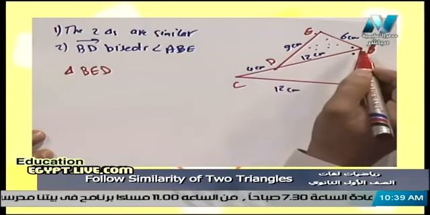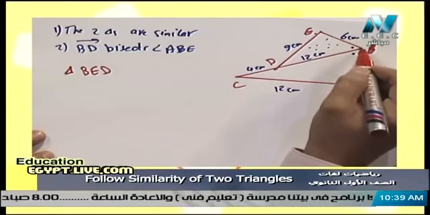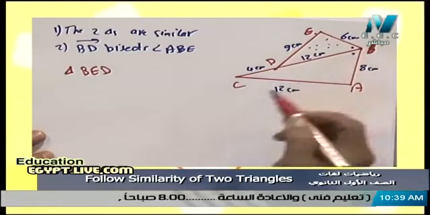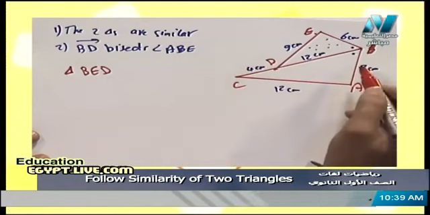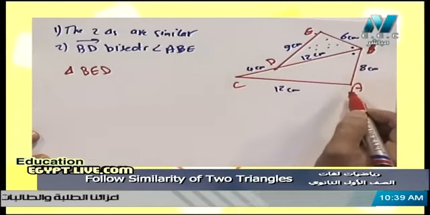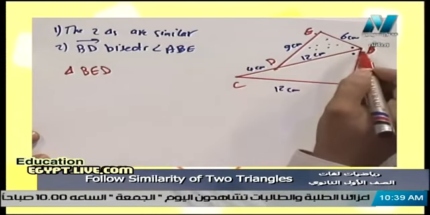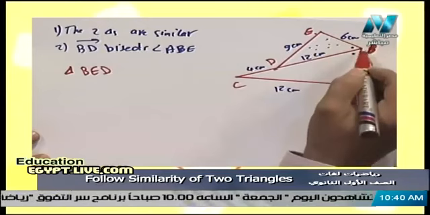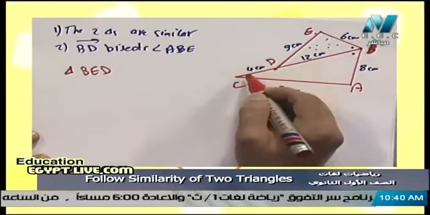So we can write the name of the triangle by going from the smallest to the biggest side length. And the other triangle we have here, BA equals 8, AC equals 12, and of course the last side, BC, equals 12 plus 4, which is 16.